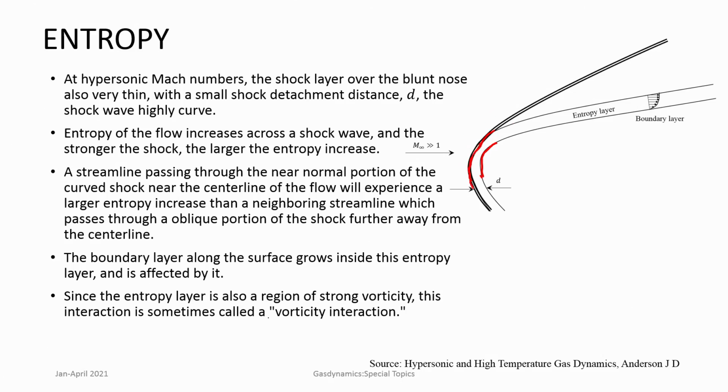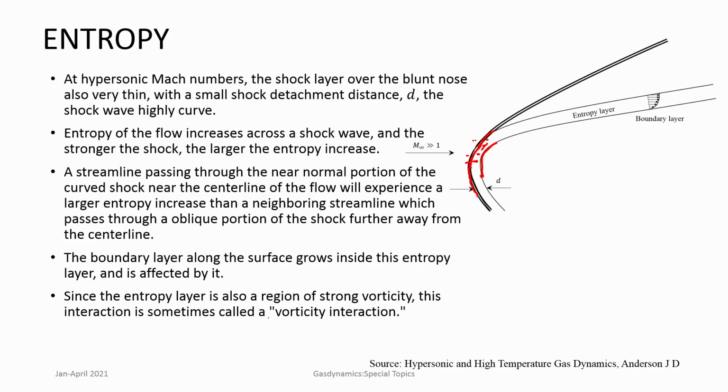that the bow shock is a region where there are a lot of gradients of entropy. As a consequence, the flow that occurs around the bow shock is not irrotational, it is rotational because of entropy gradients.